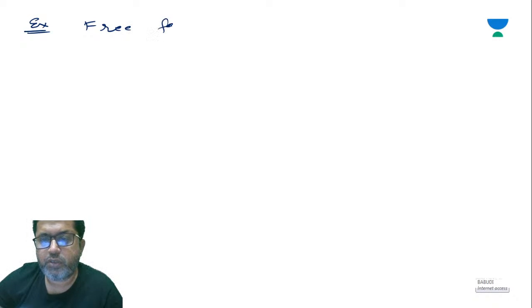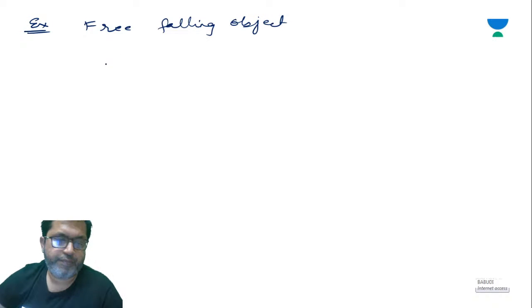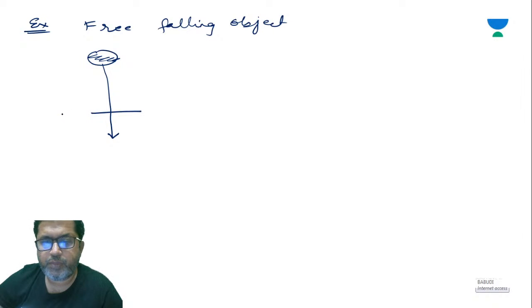Free falling object. This is some object, dropped from some height. The distance traveled at a particular time: suppose at this time, what is the distance traveled?